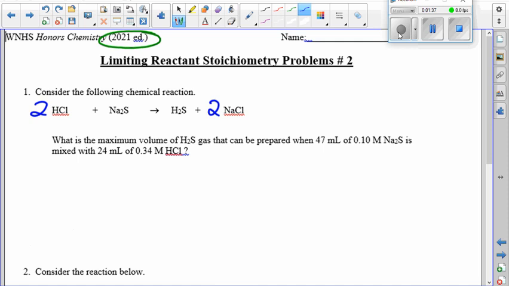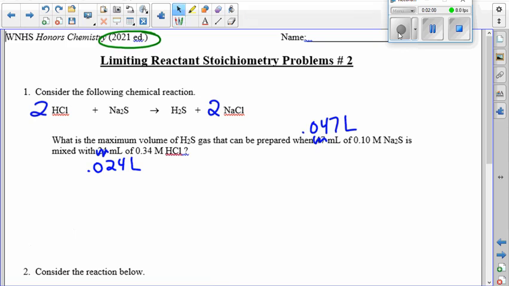And then I see that my hydrogens got fixed all by themselves, so wonderful. So that's balanced. Then I see 47 milliliters, no thank you, 0.047 liters, 24 milliliters, 0.024 liters. Okay, so now we're ready to party.